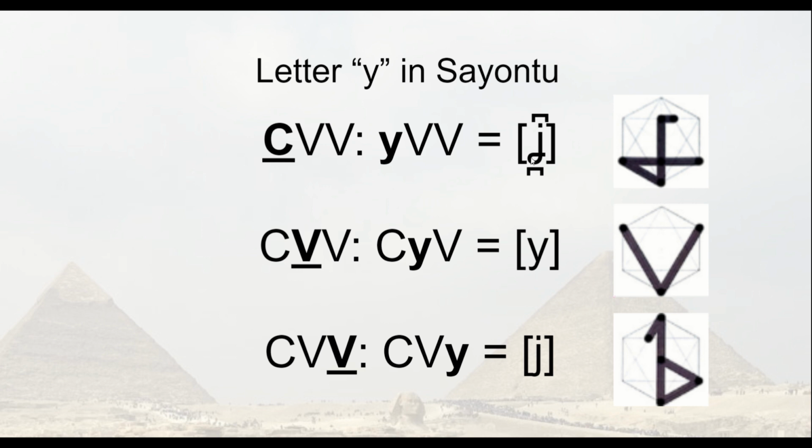If it's the nucleus, then it's pronounced u. And if it's also in the nucleus but is followed by another vowel, then it's pronounced y, as in the word you in English.